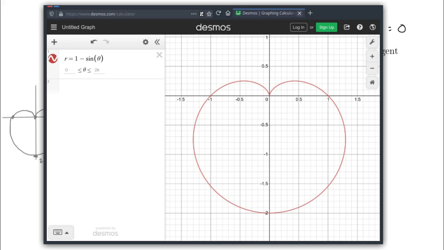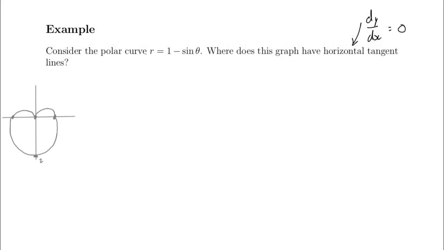So we're looking for horizontal tangent lines on this. Technically, we don't have to care a ton about what this looks like. We know we want to find dy over dx, and we know that that's dy over d theta over dx over d theta, where x, remember, was r cosine theta and y was r sine theta.